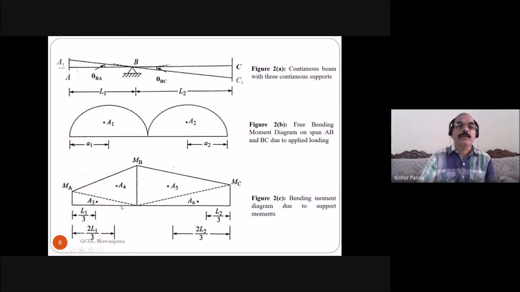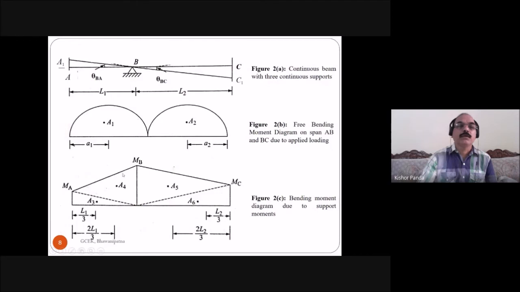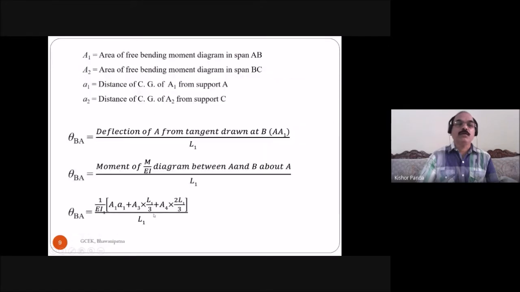So what is the area A3, and what is the centroidal distance? L1 by 3. A3 into L1 by 3 plus this is the area A4, and what is the centroidal distance of this area? 2L1 by 3. 2L1 by 3 divided by L1. So this is the moment of the M by EI diagram between A and B about A, which is equal to theta BA.